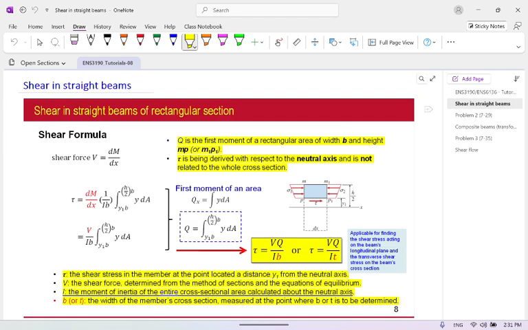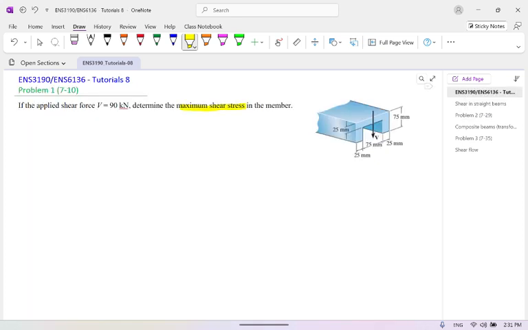Remember, for the maximum, it will definitely be in the center of the part, not just the center, but the neutral axis. So we work with the equation tau equals VQ over IT.